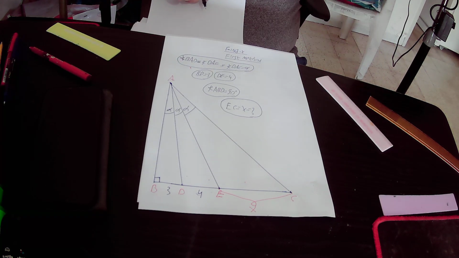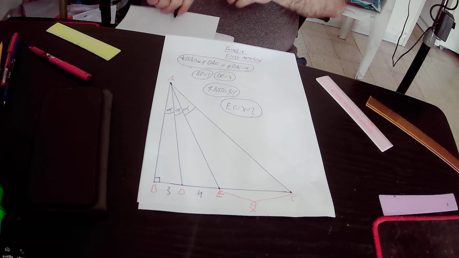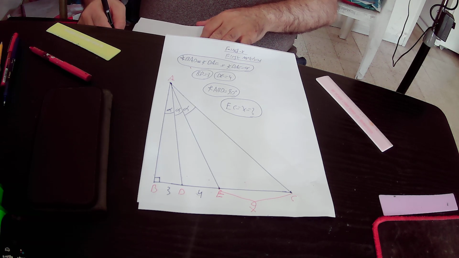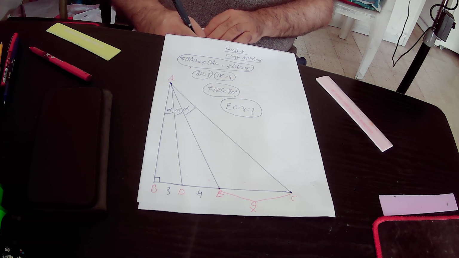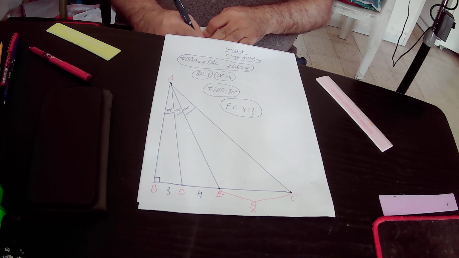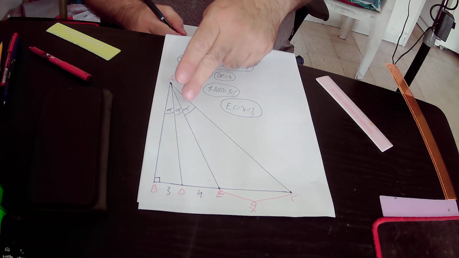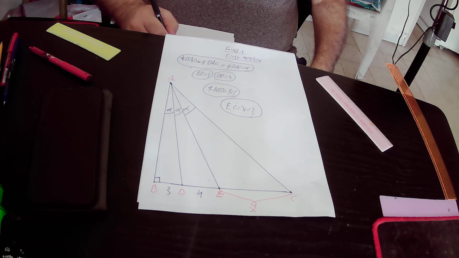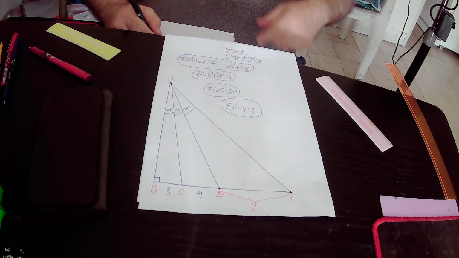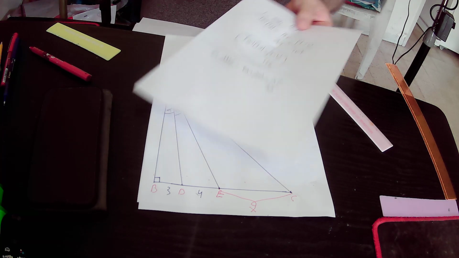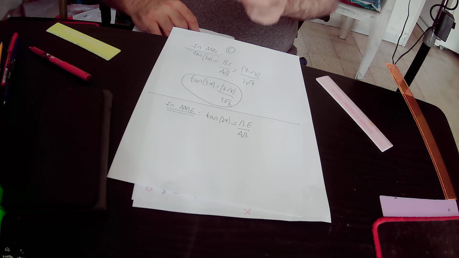So in the next step we will focus on the right triangle ABE. On the right triangle ABE, we know that tangent 2 alpha equals BE over AB.